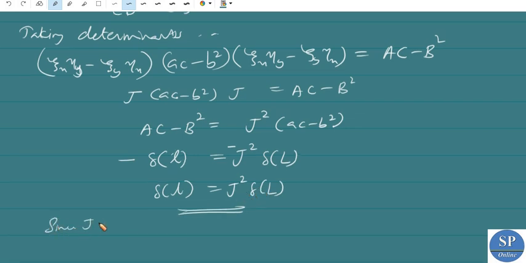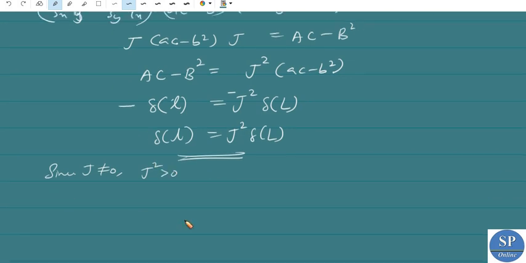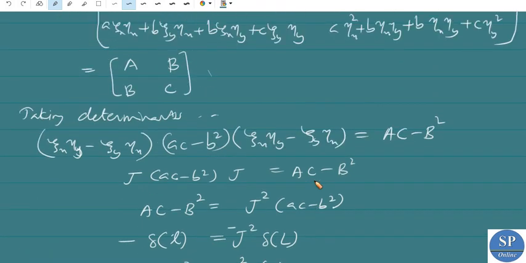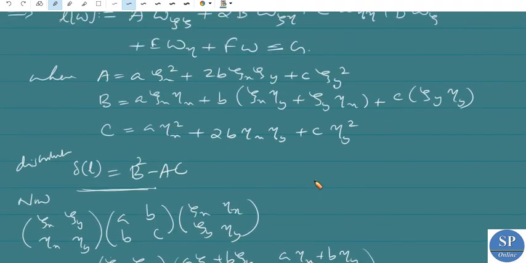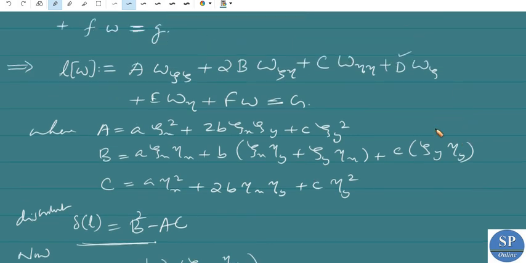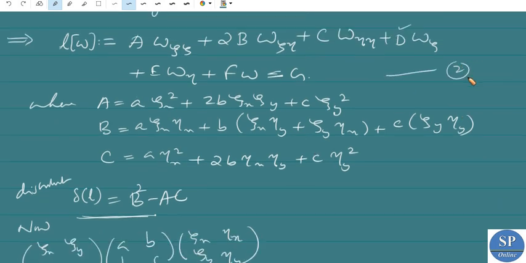Since the Jacobian is not equal to 0, we have J square is greater than 0. So we have the type of the given PDE is the same as the type of the second PDE, because the first equation is hyperbolic implies delta of L is greater than 0. That implies from this we have delta of small l is greater than 0. So the second PDE is also hyperbolic.